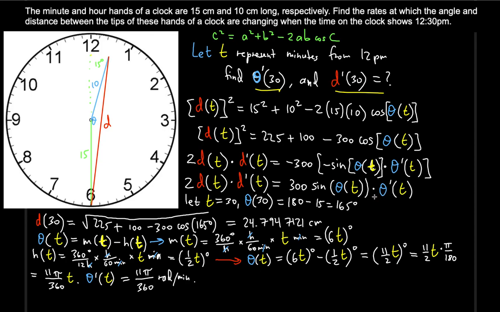Now, we also found out that the distance at 30 minutes after 12 is going to be 24.794, this d value here, the distance. And so what do we need? We need to use the equation and actually solve for d prime of t here, right? So we're going to use this equation and solve for d prime of t.